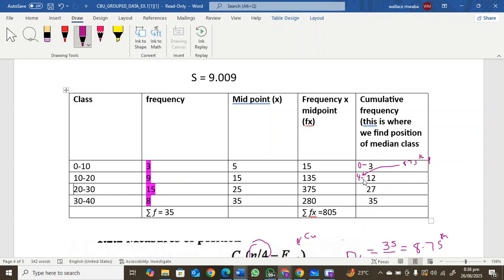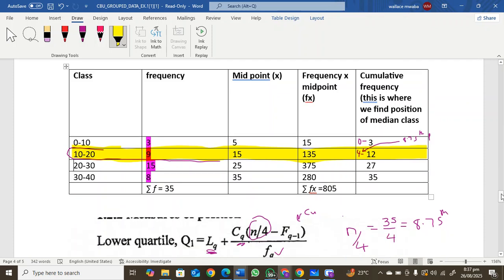So our lower quartile class is this one here, the class from 10 to 20. That's the first thing you need to do: first, find the position. Then, afterwards, you can get the lower limit and the other values. Any questions before I move further?